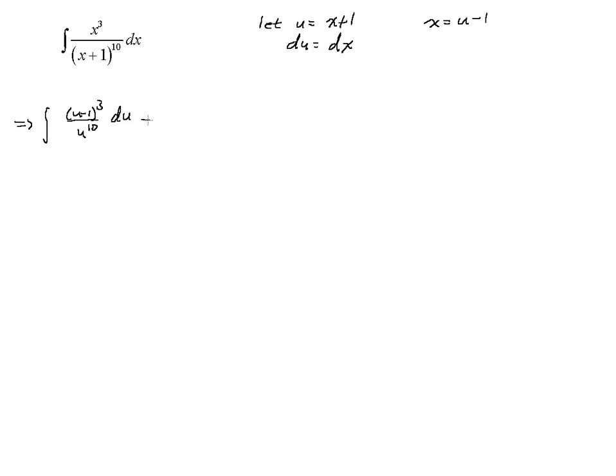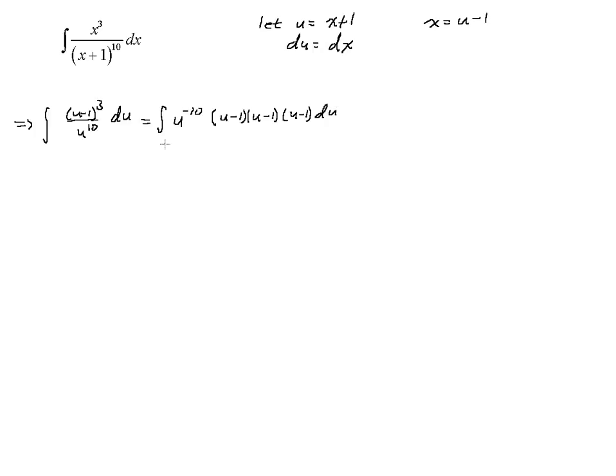So first thing I'll do is pull this u to the 10th out of the denominator and make it u to the negative 10 in the numerator. And then I'll say u minus 1, and I'm going to expand this expression. So we're going to have to do u minus 1 times u minus 1 times u minus 1 du.